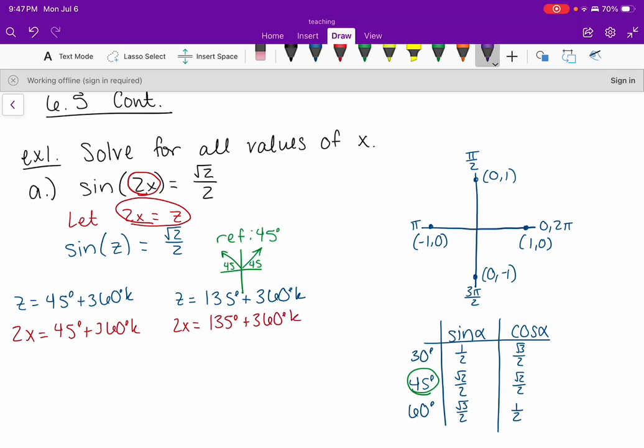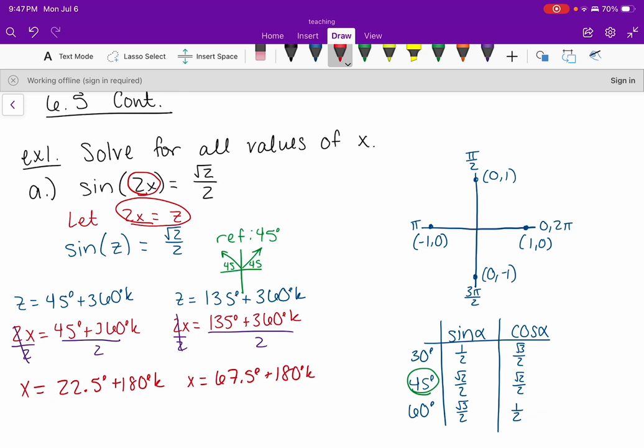I need to solve for just x, so I'll divide both sides by that 2. So for my final answers here, I get x equals 22.5 degrees plus 180 degrees k, and x equals 67.5 degrees plus 180 degrees k.